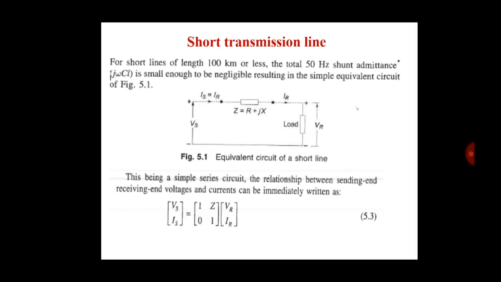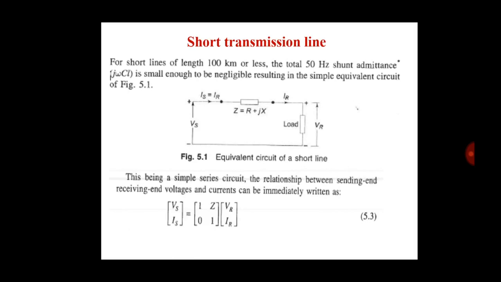In a short transmission line the shunt admittance is small, so we neglect it.